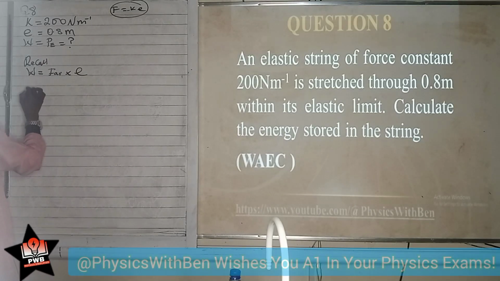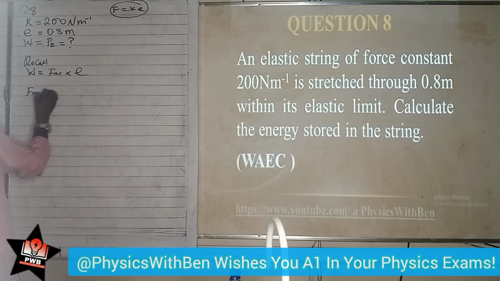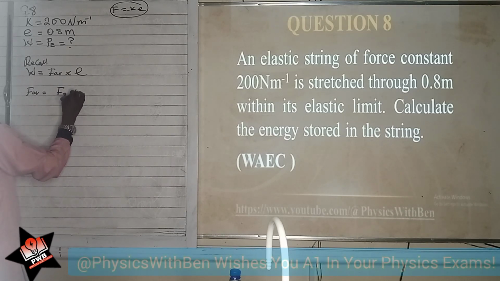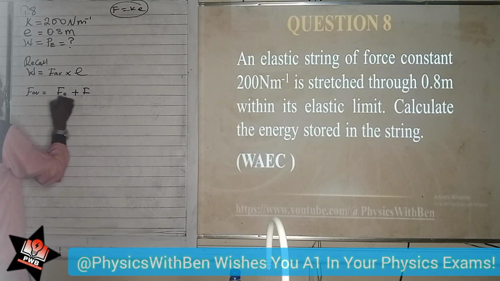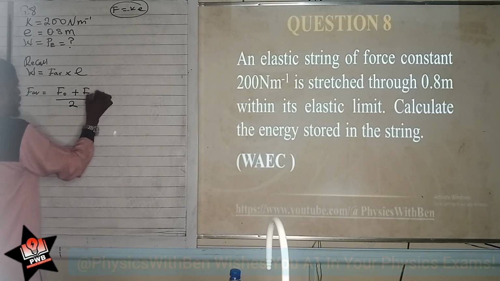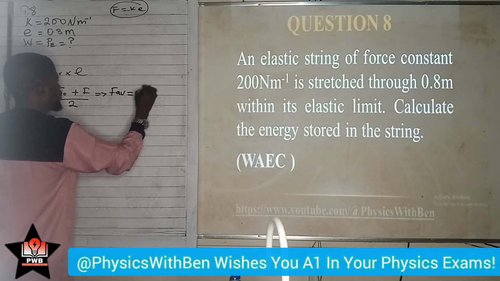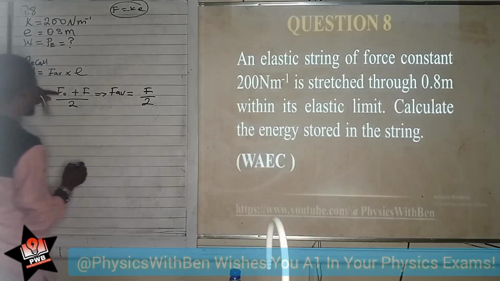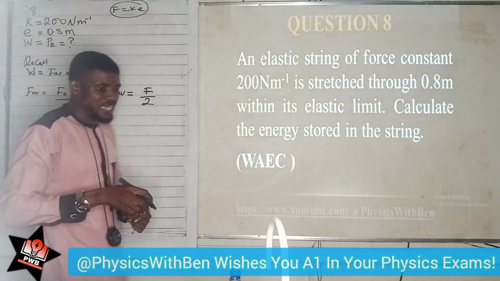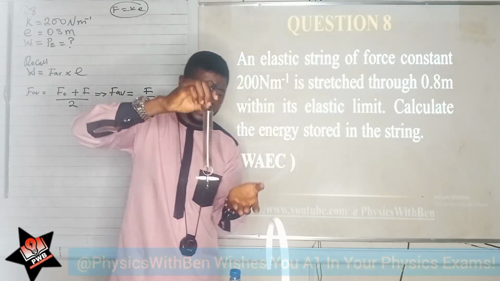So the average force is equal to the initial force plus the final force divided by 2. In this case, the average force is F all over 2. We ignore F naught because at this point nothing is attached to the spring.